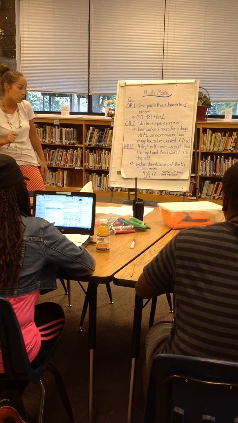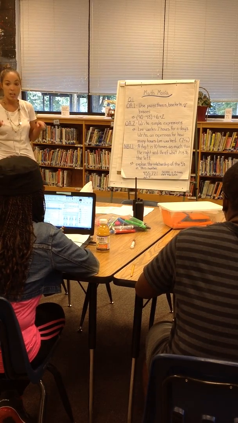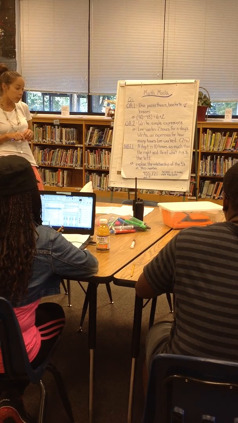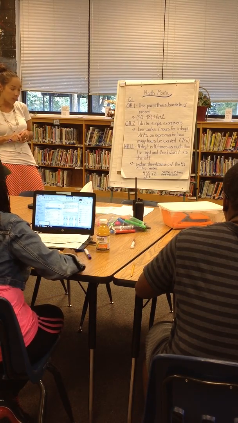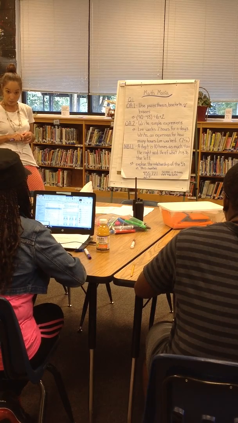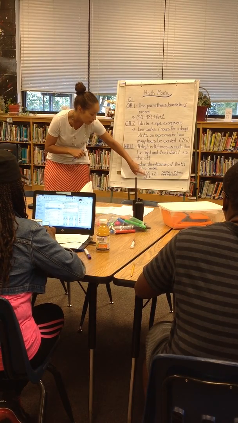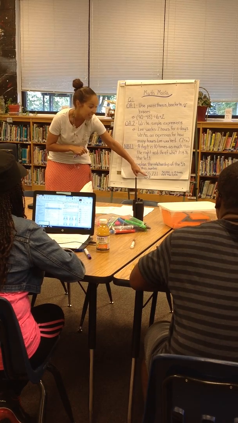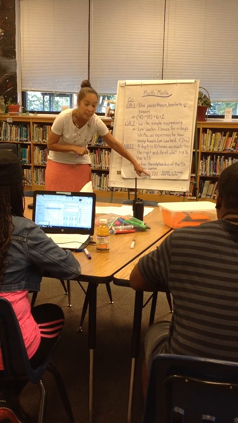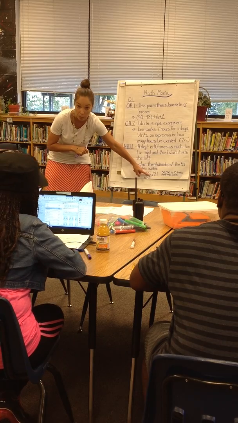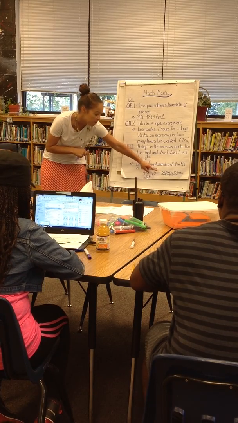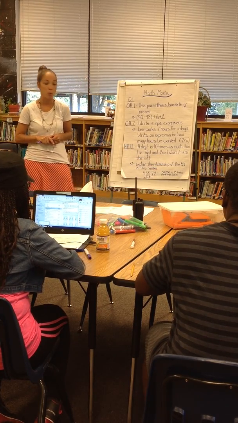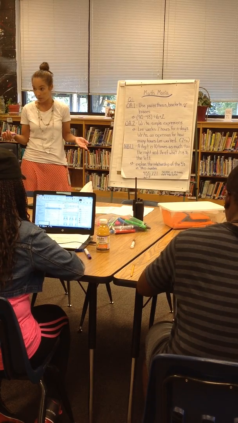Explain the relationship of the 5s in this number. 455,721. Well, we know that the 5 in the 10,000 place, right, is 10 times more than the 5 in the thousands place. And here you could write it out. 50,000 is 10 times more than 5,000.